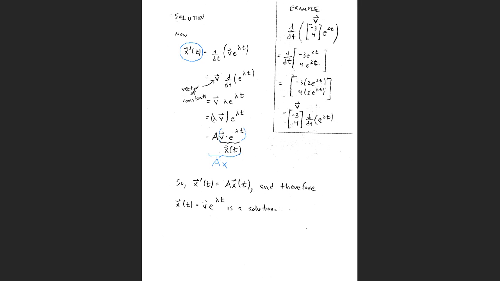So if x of t is a vector of functions such that x prime of t equals A times x of t, then that vector of functions, in this case the eigenvector times e to the lambda t, is a solution to the differential equation.